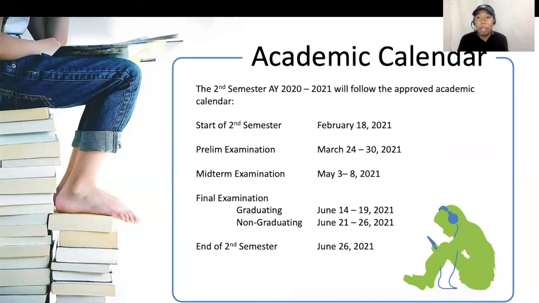The final examination for those graduating this semester is on June 14 to 19. And for non-graduating students, we will follow the schedule June 21 to 26. So this second semester will end on June 26 of this year 2021.